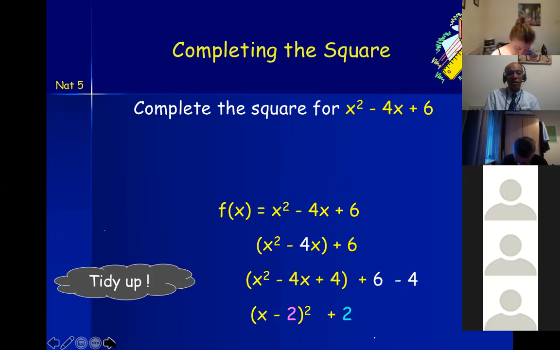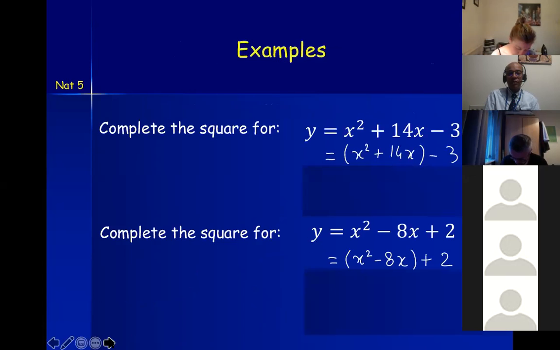So let's have a look at a couple more examples. I've got this time x squared plus 14x minus 3 and x squared minus 8x plus 2. I've been asked to complete the square. So remember what we said, we take the coefficient of x and we halve it. So it's 14 divided by 2, 7. And we square it, 49.